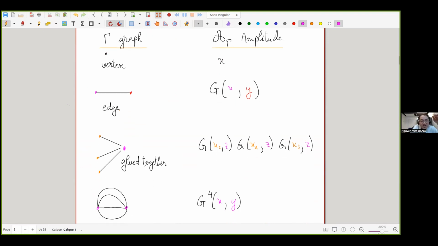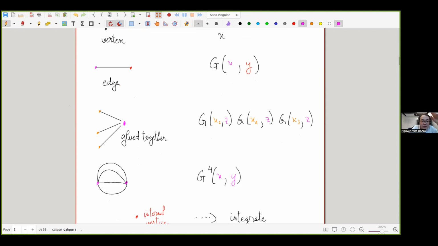For each edge of the graph, for example this edge connecting the vertex in purple and the vertex in red, I associate a Green kernel G(x,y). If several edges are glued together at a common vertex, you associate a product of Green functions with one common variable.